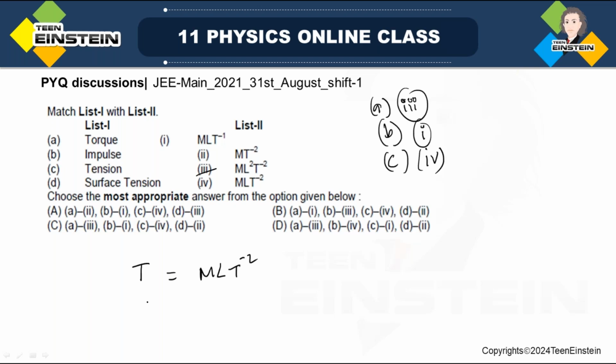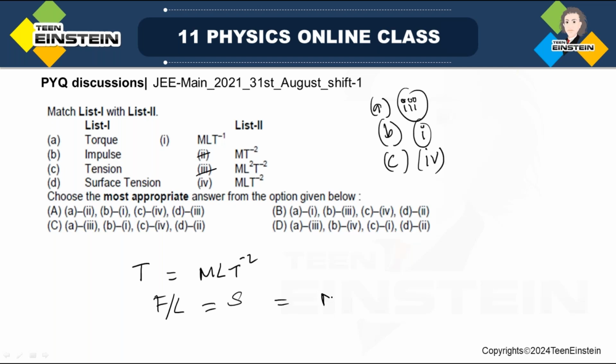Let us see the D. Surface tension is actually F by L. F by L is equal to surface tension. Let us denote that by S. F by L means m to the power minus 2, L will not be there. So it is actually matching with 2.